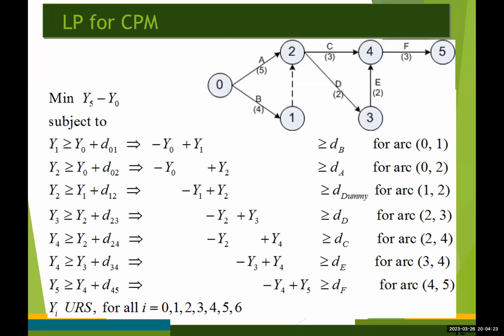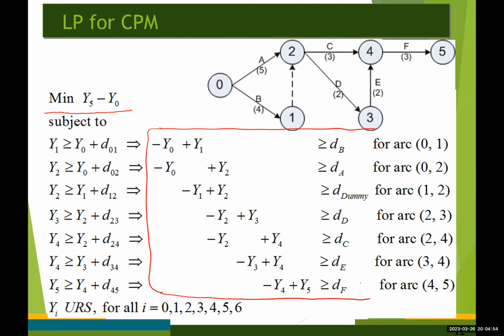What I did here is move all of the decision variables to the left-hand side and then sort them out. So we have here the same objective function, which is minimizing y5 minus y0, subject to all of these constraints. Of course, we're going to keep using the unrestricted sign for every decision variable.